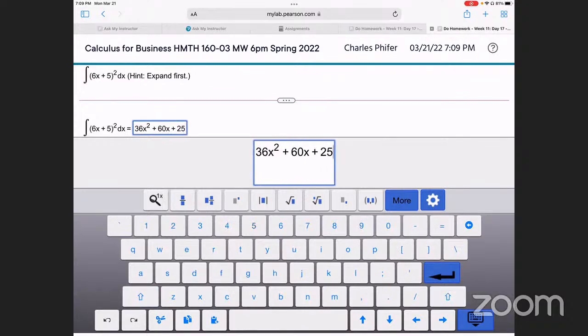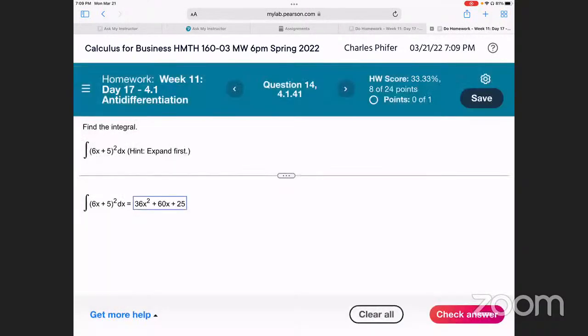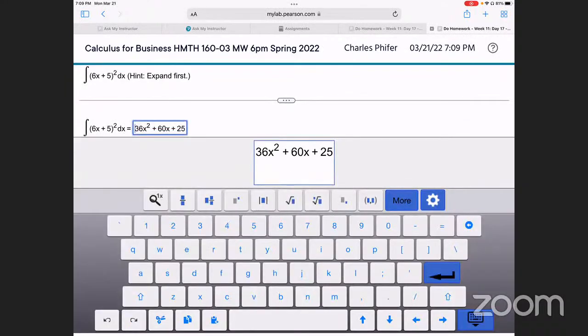So that was just me expanding it. Now, if we take the integral of this, I'll write the answer in front.